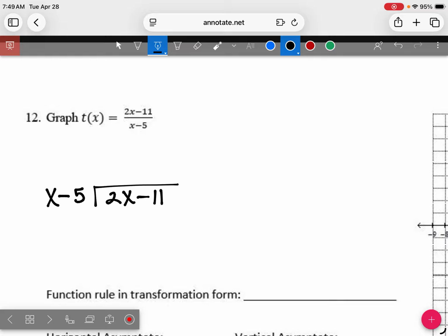Divide your first terms. Take the answer you get, put that on the roof. That's K.